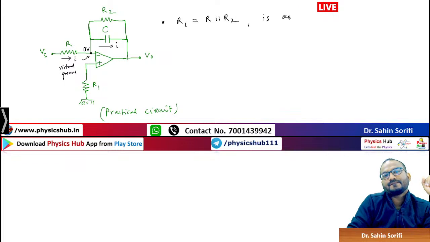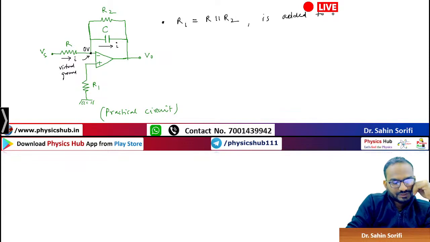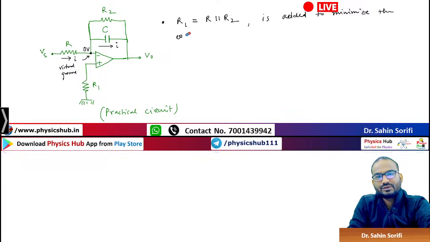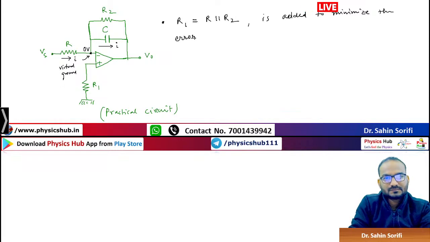It is added to minimize the error due to offset. We have already talked about offset in the last class.